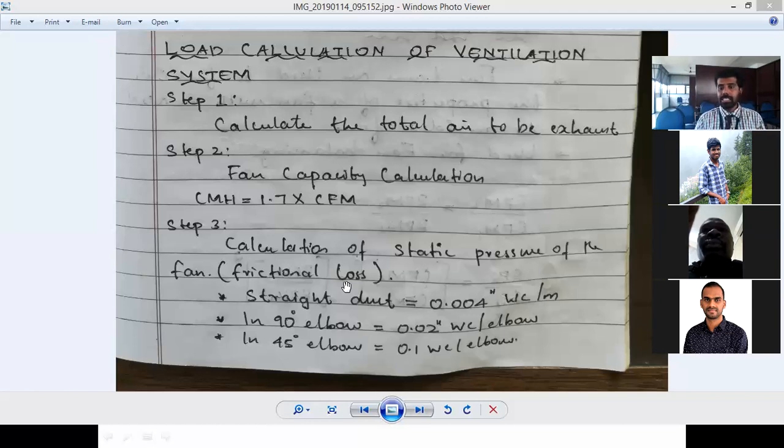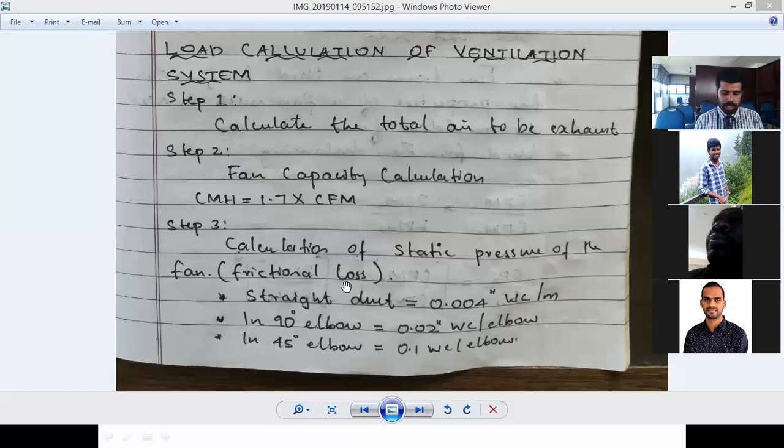In those cases, you don't need to calculate for all the branch ducts. Take the largest duct or the critical duct, and from that largest duct, just see the friction loss. You don't need to calculate the friction loss for all the small branch ducts. If there are many branches, take the longest length of the duct and find the friction loss. That would be enough. Okay, so write step 4.